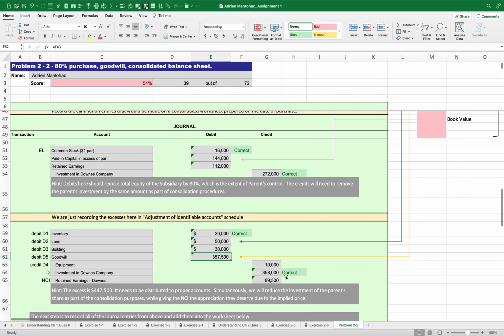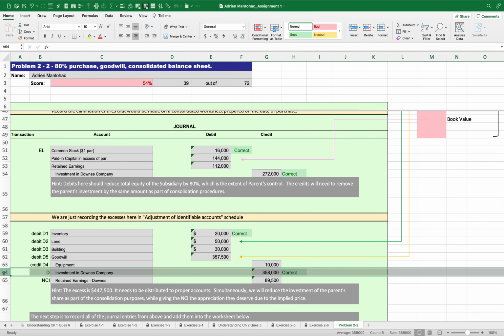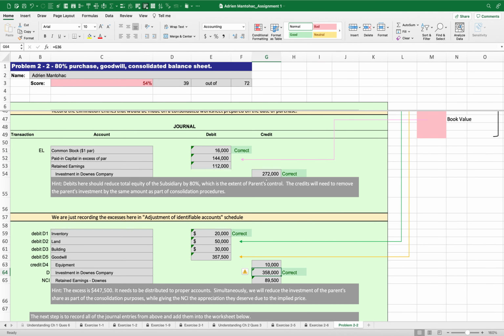Anyway, this entry matches what we've done through this entry. Along with the previous entry, we've gotten rid of 272,000 of the investment in Downs, and then we've gotten rid of the remainder of the investment in Downs, 358,000 plus 272,000, total 630,000. We have eliminated it altogether. It no longer exists, this investment account.